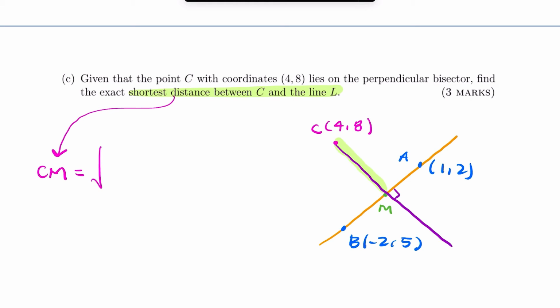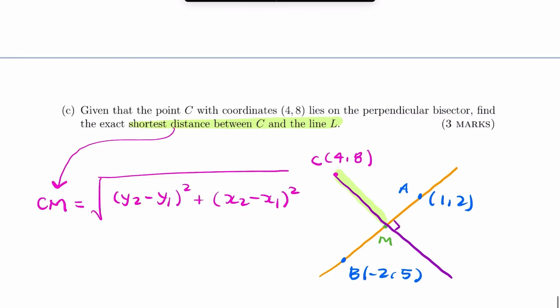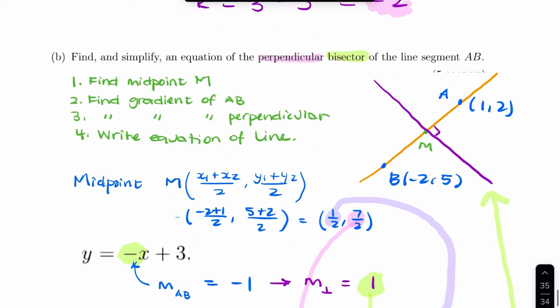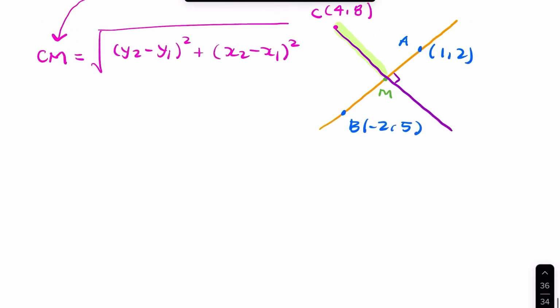And the equation for the distance between 2 points is the square root of y2 minus y1 squared plus x2 minus x1 squared. So x1, y1 could be this, and x2, y2 could be M. Let's get the coordinates for M. It's 1/2 and 7/2.